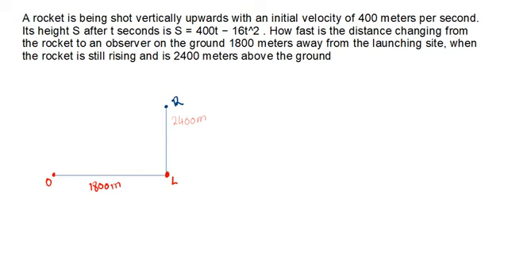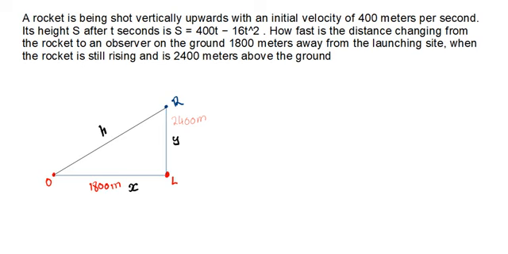So let's use h for the hypotenuse, then this side we use y, and this side we use x for the 1800. We want the relationship between h, x, and y.